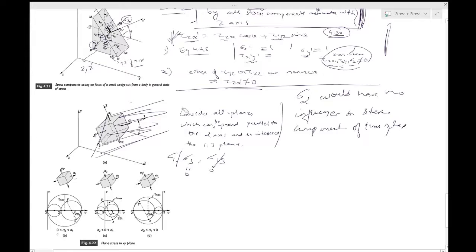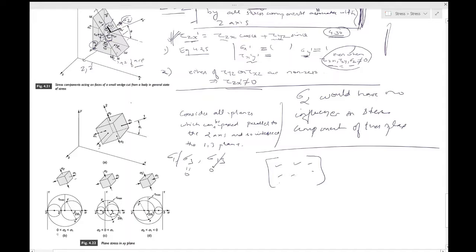Now I'll recapitulate this once more. You have a general three-dimensional state of stress, with all 6 components.